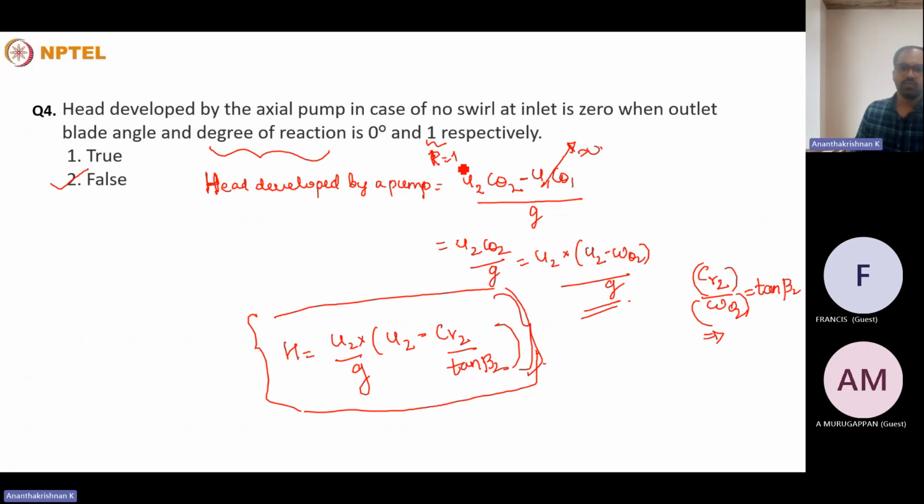So R is equal to 1. That is a specific constraint given in this problem. And we need to check whether this is possible at a blade angle of 0 degree. So in this problem, we have to substitute blade angle equal to 0 degree and degree of reaction equal to 1.